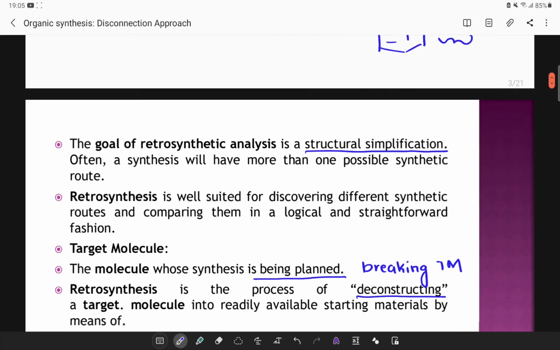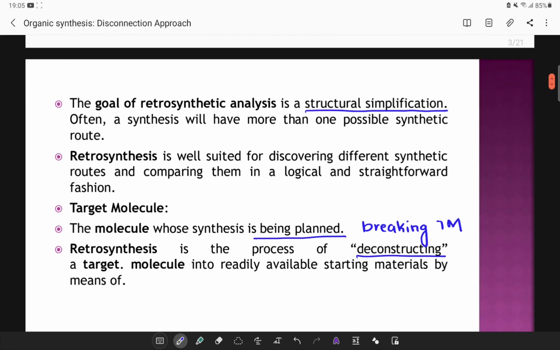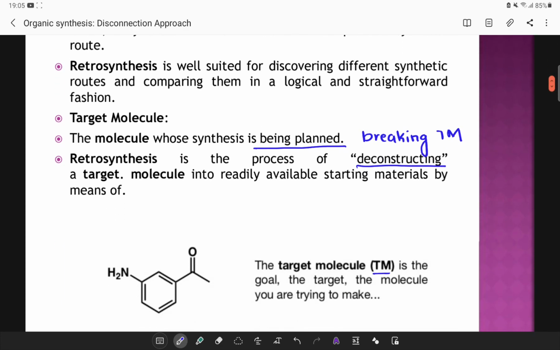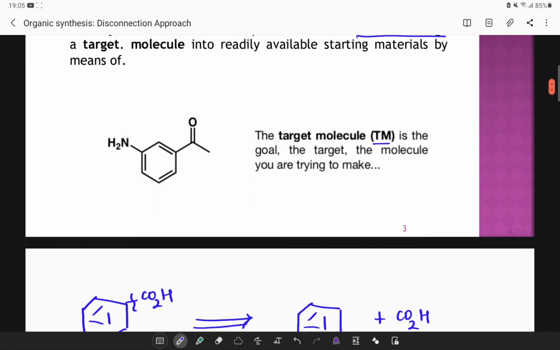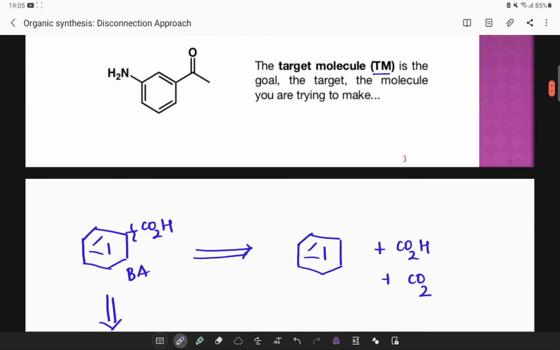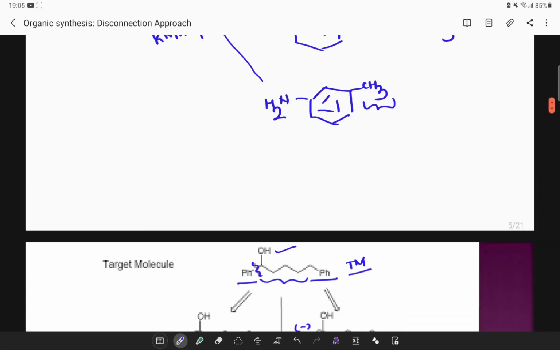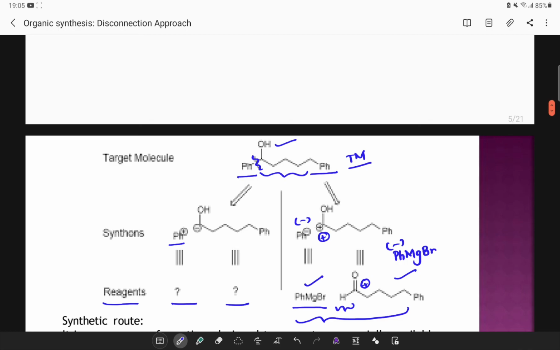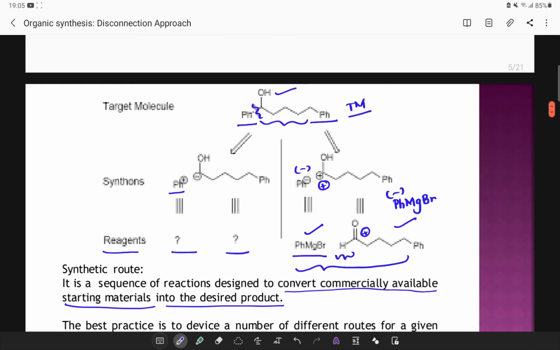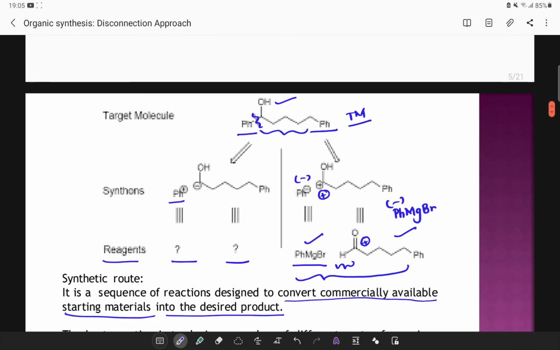Then we understood the goal of retrosynthetic analysis, and what the target molecule is upon which we design the synthesis. Finally, based on the knowledge of organic chemistry, we can design a synthetic route. That is what we have dealt with in this session. Thank you.